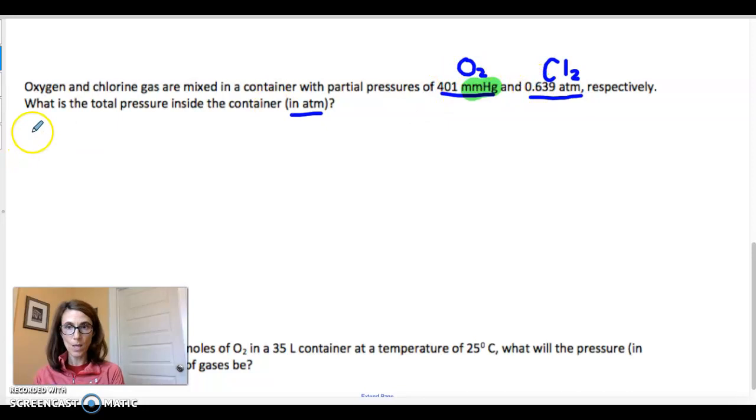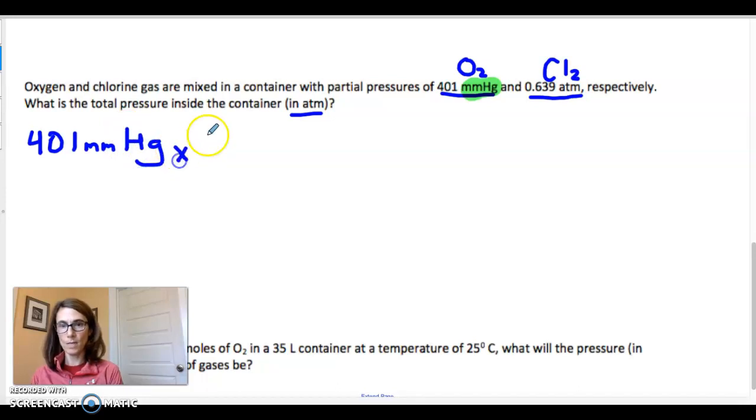So 401 mmHg. And that relationship is for 1 atm, there are 760 millimeters of mercury.